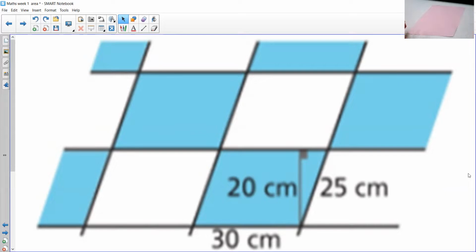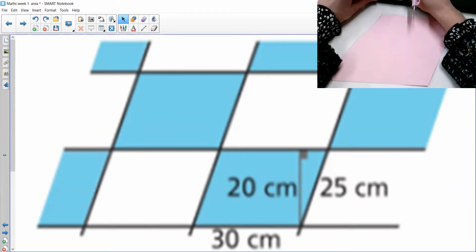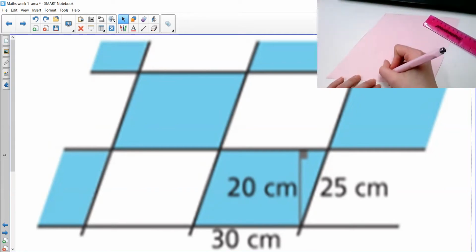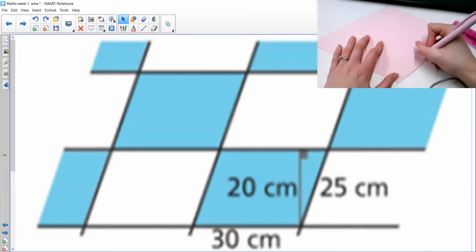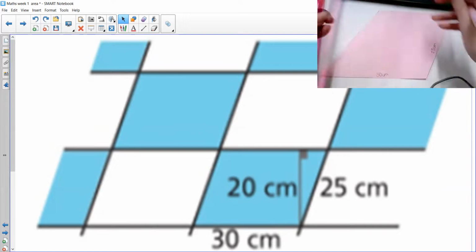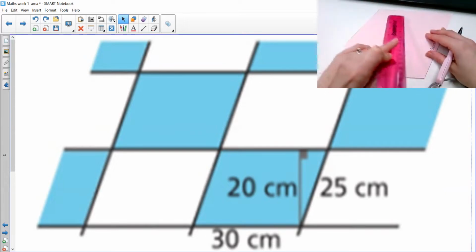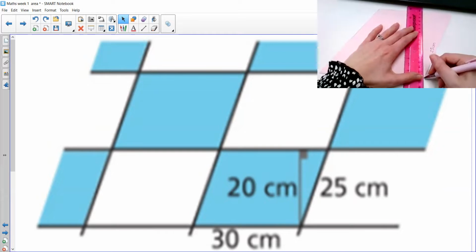Okay, so hopefully you can see this as well as you can see the slides on the board. So I'm going to label this the same as it is on the board. So on their tiles, the length of it here was 30 centimetres. This side here was 25 centimetres, and they've also labelled the height. Can you remember what that height was called? Begins with a P, perpendicular, okay?